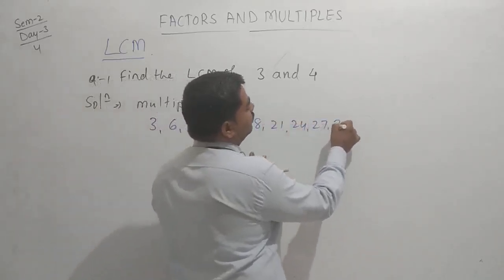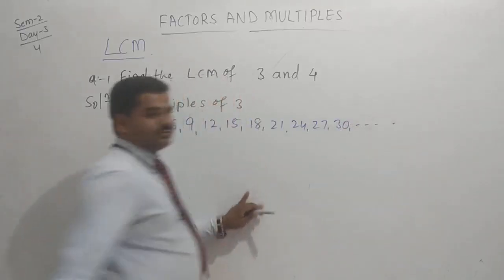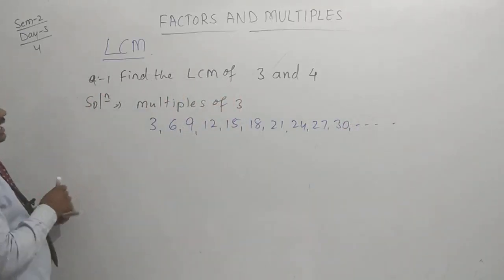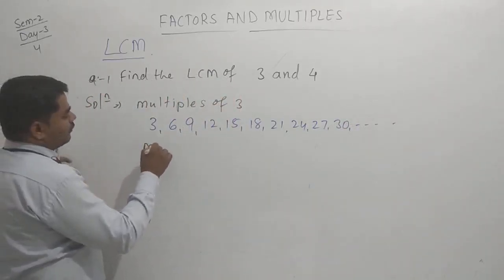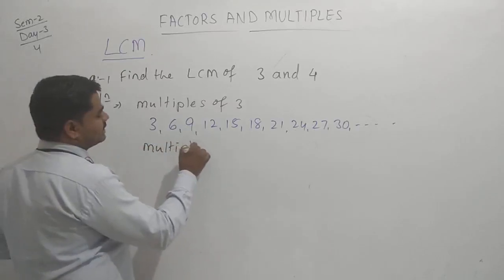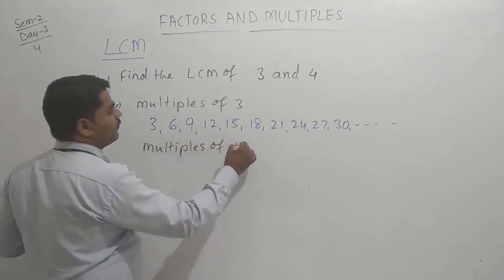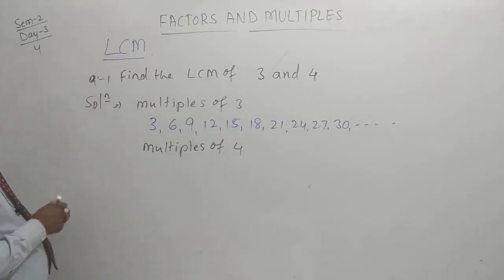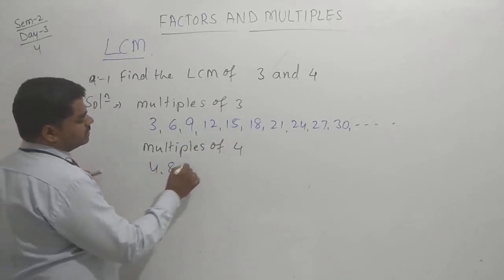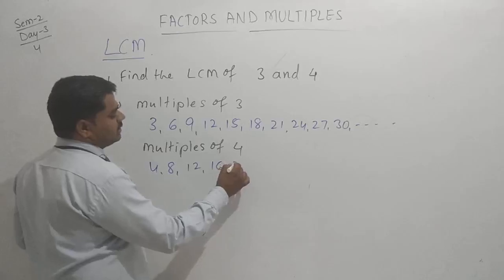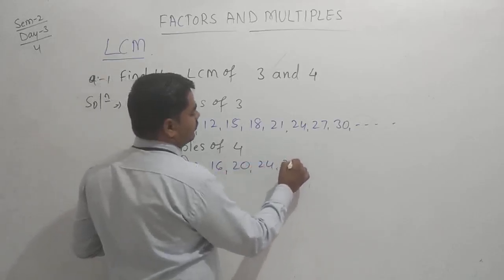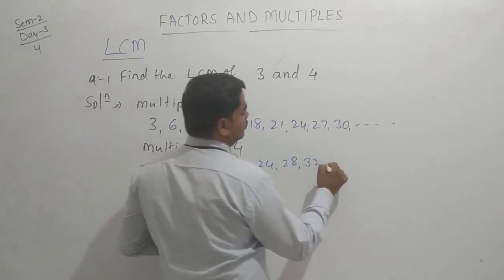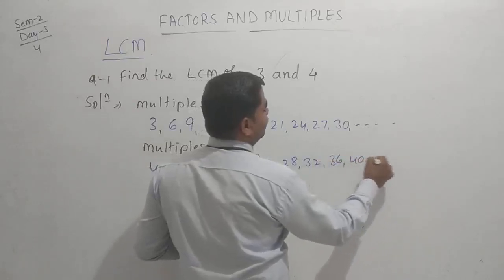Like this I wrote the first 10 and so on. Next, write the multiples of 4: 4, 8, 12, 16, 20, 24, 28, 32, 36, 40.